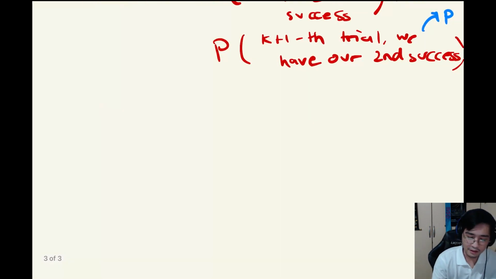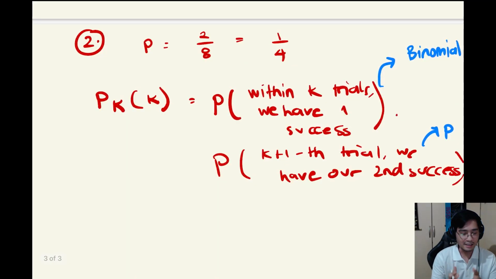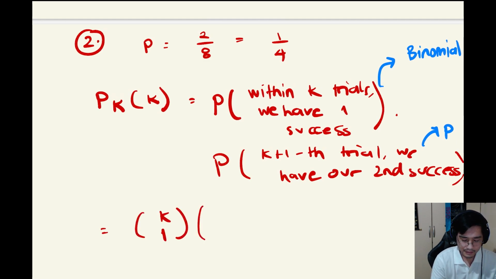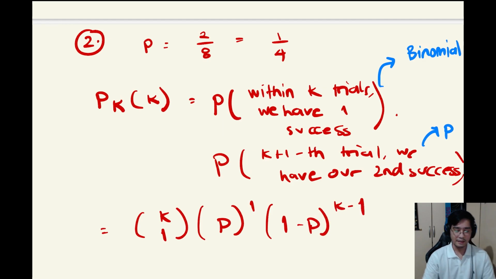So recall, when we want to get the probability that we have one success within K trials, that is equal to K choose 1 times probability of success to the power 1 times probability of failure to the power K minus 1. That is this one. So we only have one success and we have K minus 1 failures.